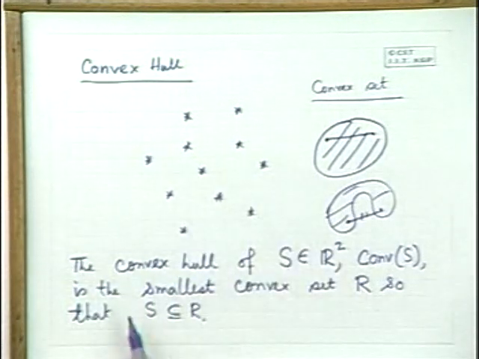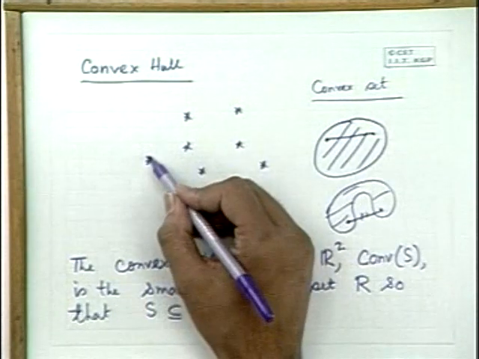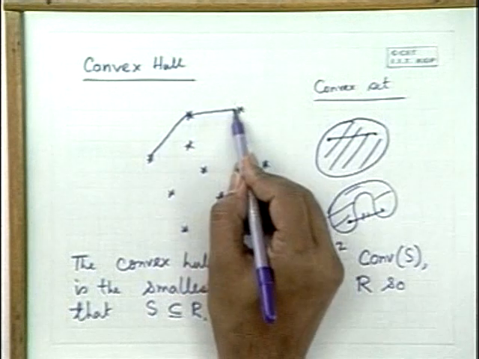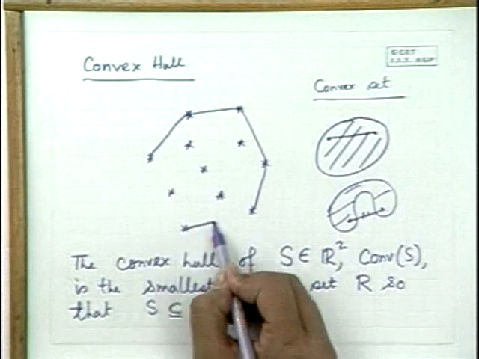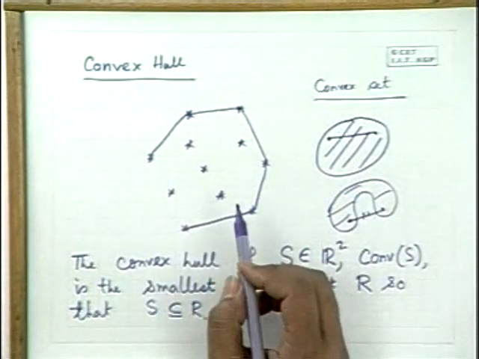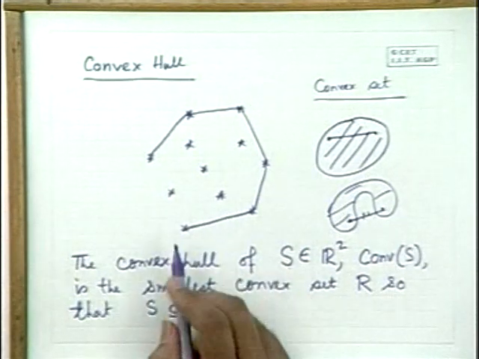So given these points, what is the convex hull? The smallest convex set, I am going to draw it now. Join this and this and this. The smallest in terms of area, number of points. It's not the number of points.